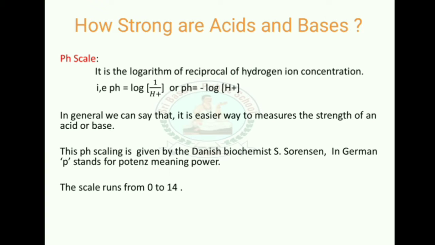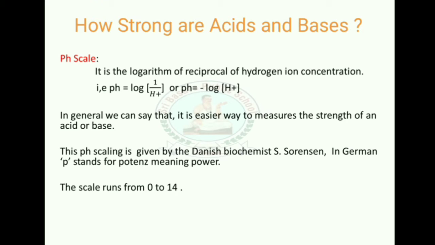I will repeat the definition: it is the logarithm of the reciprocal of hydrogen ion concentration. That is, pH is equal to log of 1 by H plus ion, or you can say pH is equal to minus log of H plus ion.